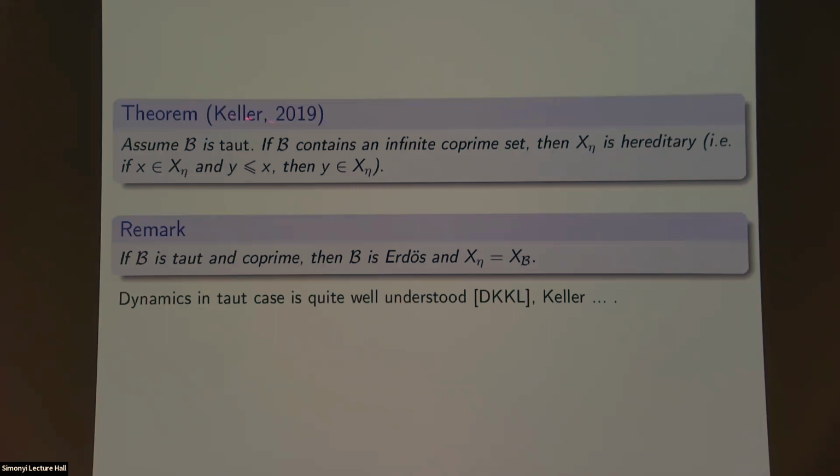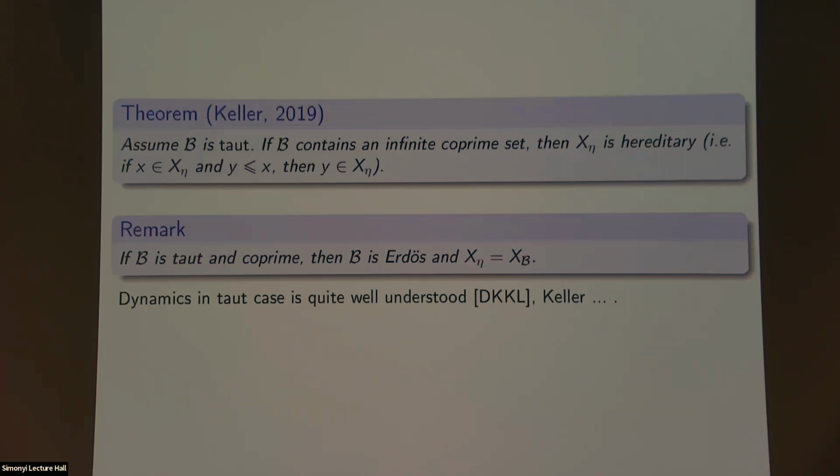Thanks to this kind of results, we say that dynamics in the taut case is relatively well understood. This is because when you can compare x eta with xb, or at least you have heredity, you can, for instance, calculate entropy. You know more about this x eta. This is a relatively good situation.